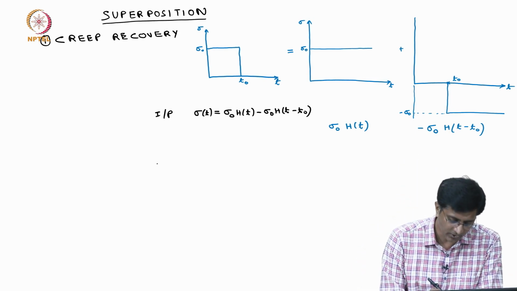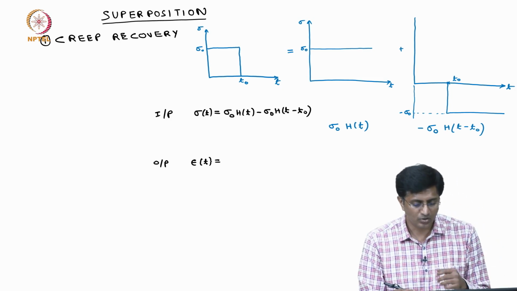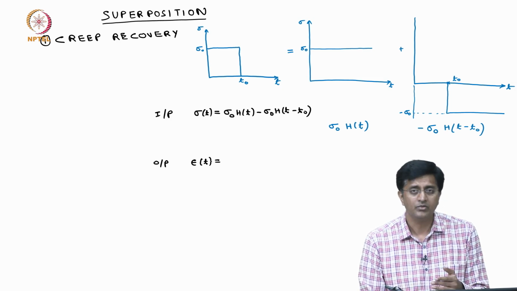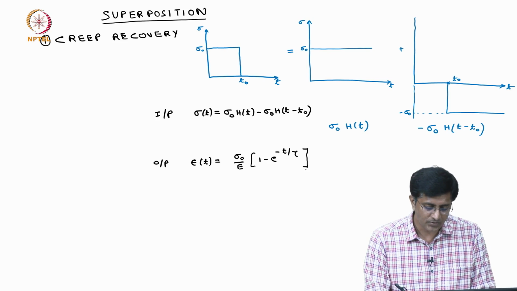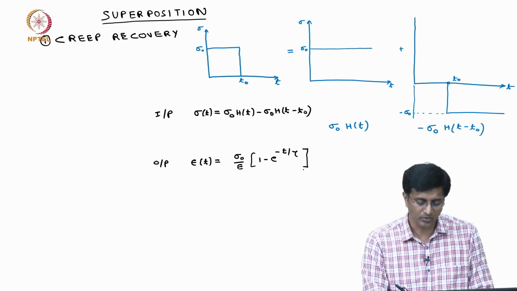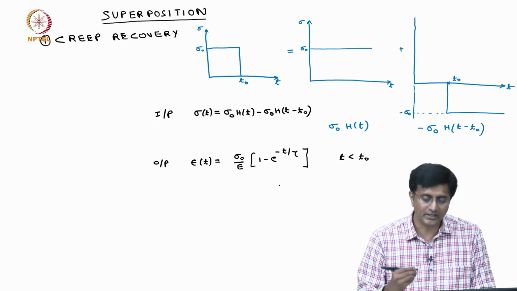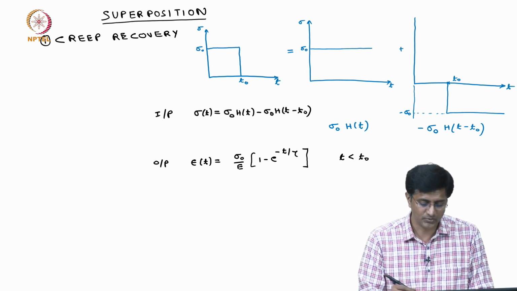So, how can that be done? For the output strain we can go one at a time. So, what is the response for the creep load? We have seen it in the previous slide. So, this is the response we have seen for creep load. The creep load occurs at times less than t naught, but at times greater than t naught we have two creep responses.